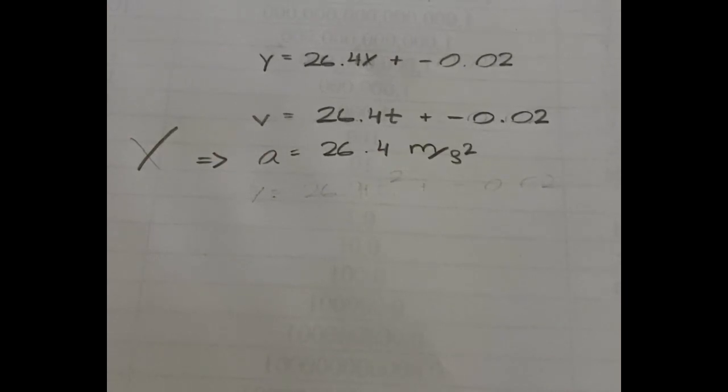What I should have done instead was realize that the variables being graphed when I was linearizing the data are x and t squared. As a result, I would know to rewrite the equation from my calculator as x equals 26.4t squared plus negative 0.2.